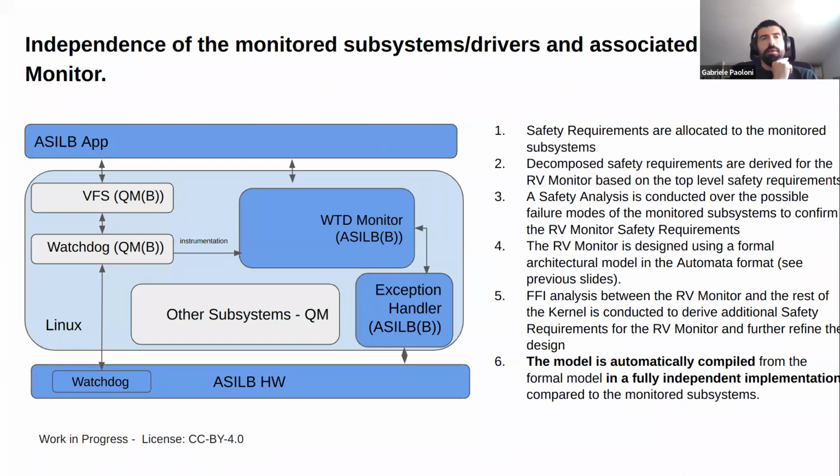Okay. Then we have the RV monitor that is designed using the formal architectural model in an automata format, as Daniel mentioned previously. We have an FFI analysis between the RV monitor and the rest of the kernel, and this could eventually derive additional requirements for the design of the RV monitor. And finally, once we know that we met the two safety analysis goals, then we have the final design for the RV monitor.